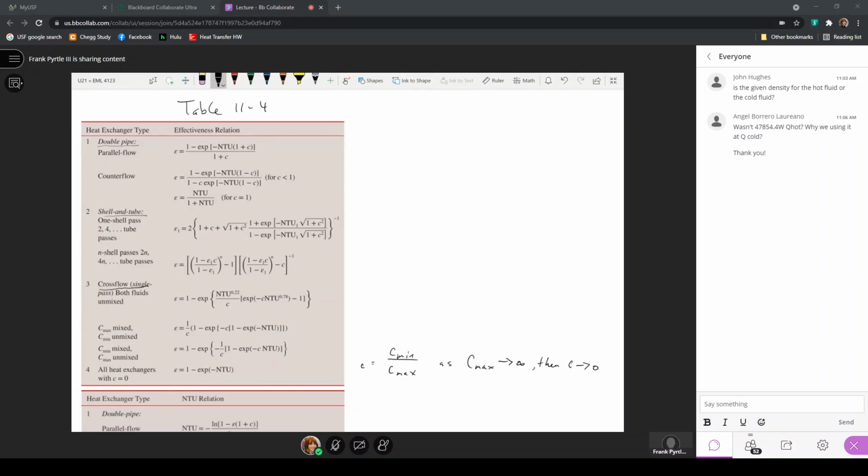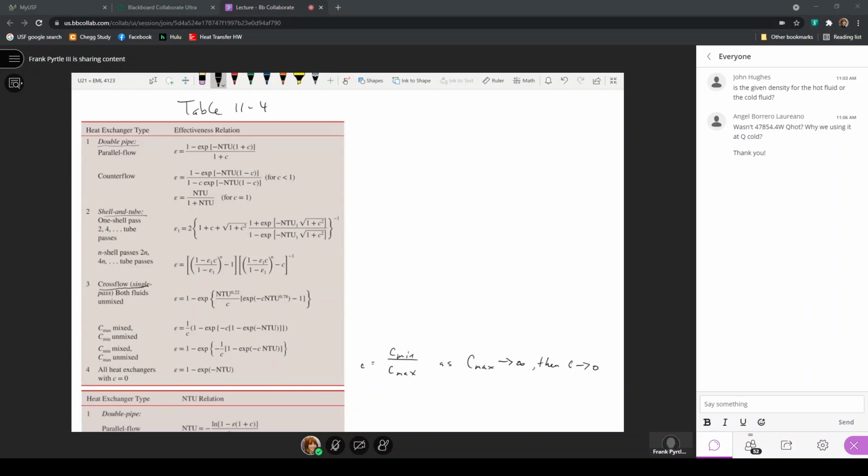Essentially no delta T is required in order for the heat transfer to occur, so the maximum capacity rate would approach infinity and cause C to go to 0. So anytime I have a heat exchanger, whether it's double pipe, shell and tube, or cross flow, if one of the fluids is changing phase, we would consider C to go to 0, and we could use a single expression relating the effectiveness and just NTU, without the C.